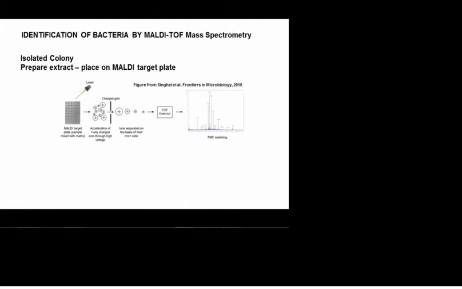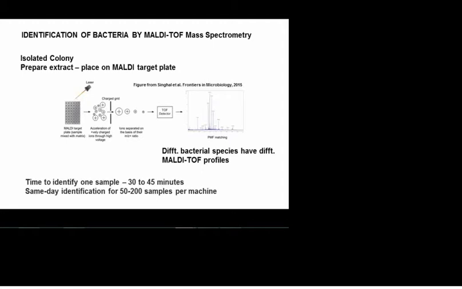The companies that have developed this system have a big database of the different bacterial species that they've tested by MALDI-TOF. So they know when they get a particular profile that it corresponds to, say, Enterococcus faecalis, and another one will be Salmonella, and so on. So you get the peaks, and then the software just tells you what your bacterium is.